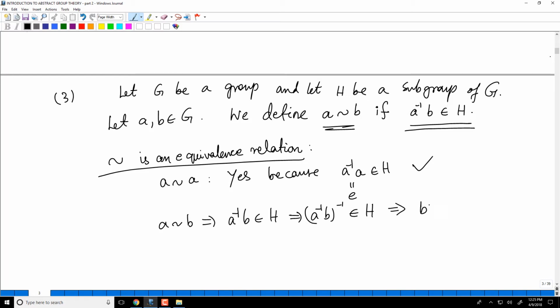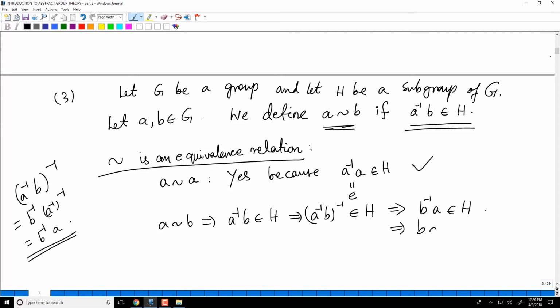That is B inverse times A inverse inverse, which is nothing but B inverse A. We have seen this before. So if B inverse A is in H, this is the meaning of B being related to A. So the second property holds.